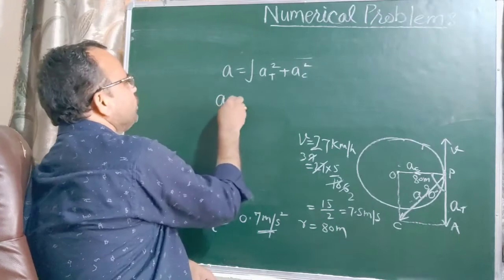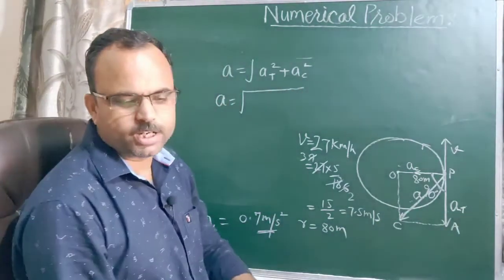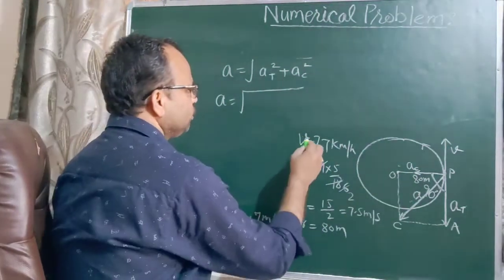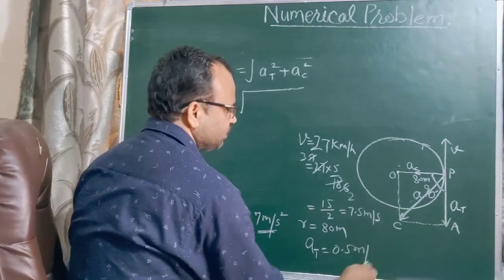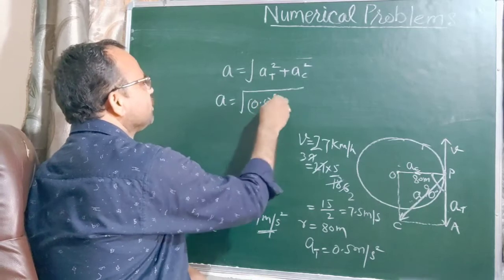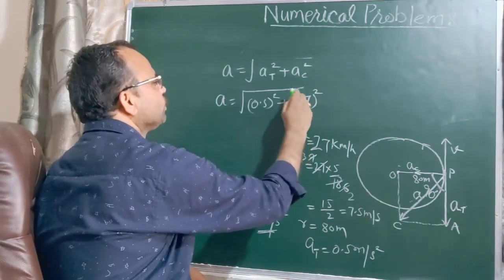So A equals under root, the value of AT is given in the question as 0.5 meter per second square. So 0.5 whole square plus 0.7 whole square.